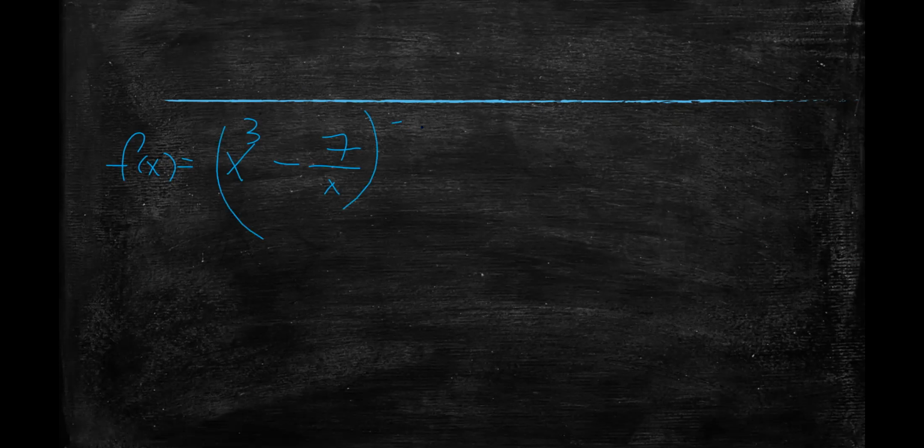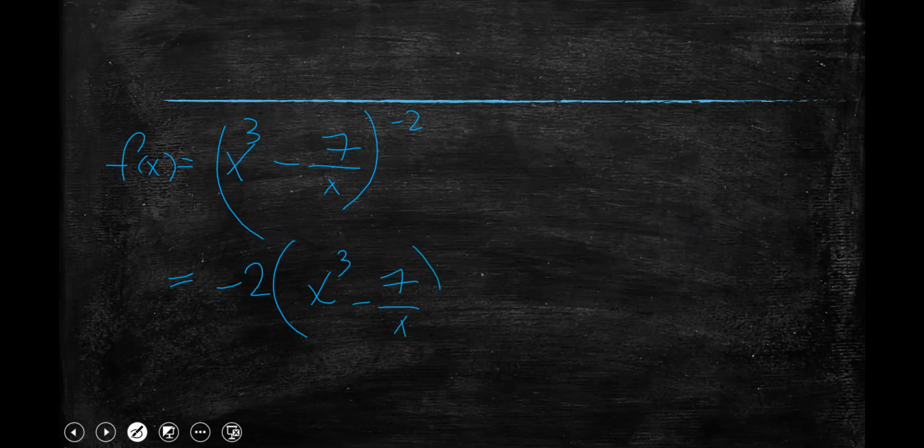If you have now f of x equal (x cubed minus 7 over x) raised to the power negative 2, what will f prime be? Negative 2 times the bracket, x to the power 3 minus 7 over x, or we can write 7 over x as 7 times x to the power negative 1.